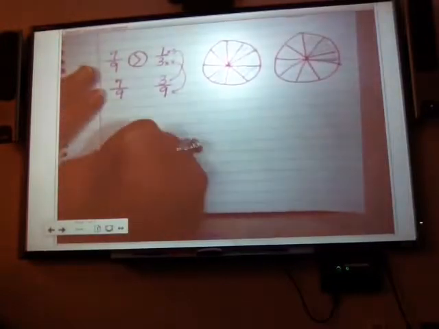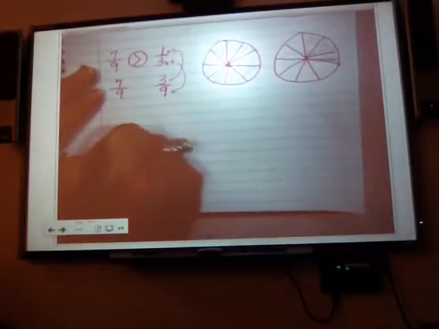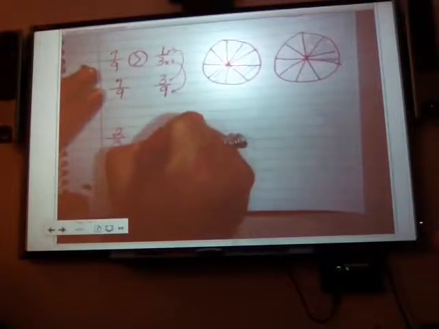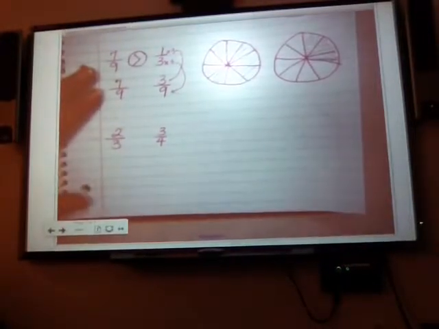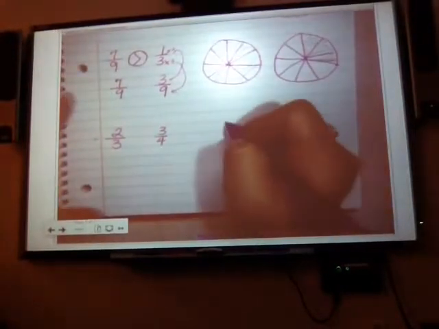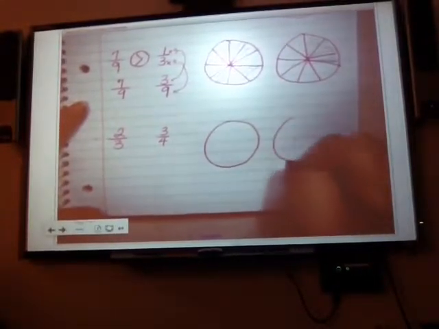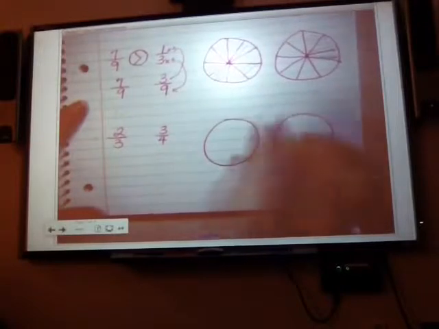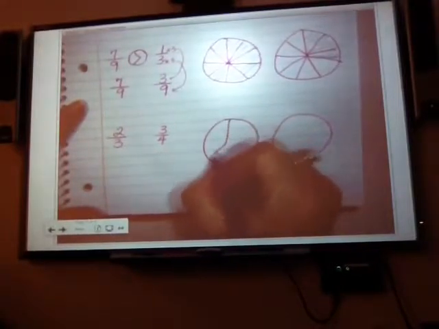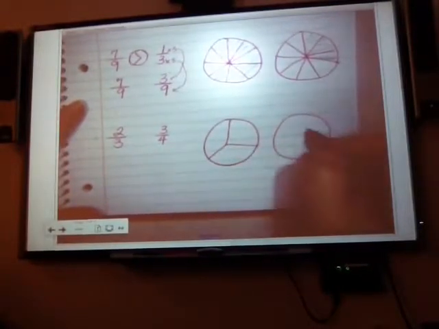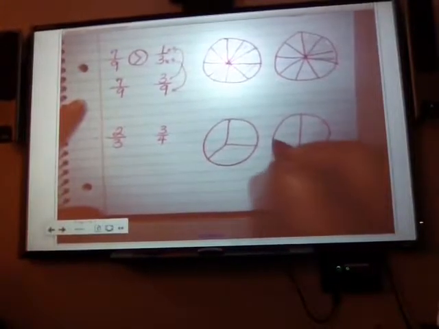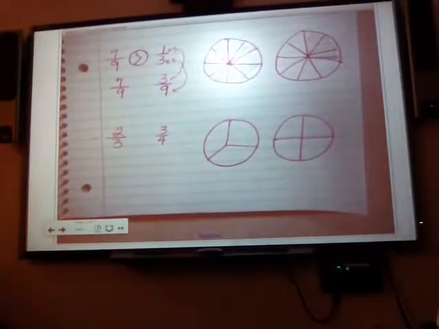All right, so now I'm giving you the numbers here. 2/3, 3/4. Are these cut at all alike?